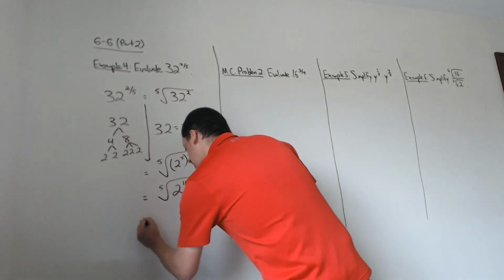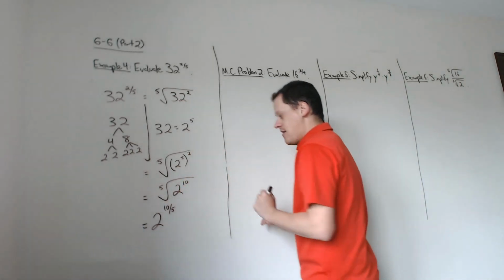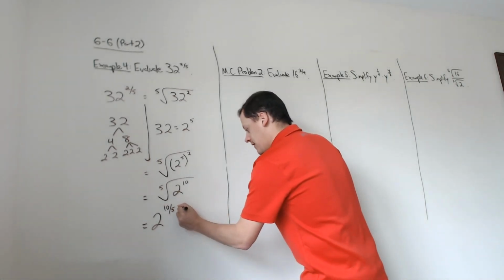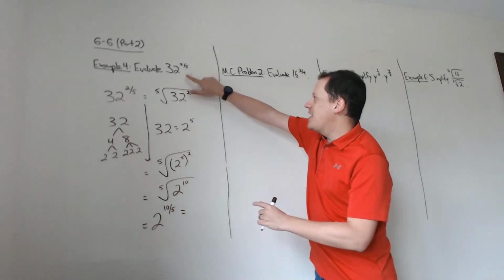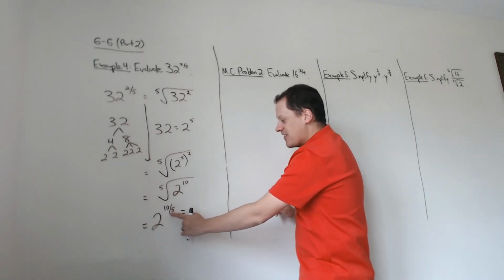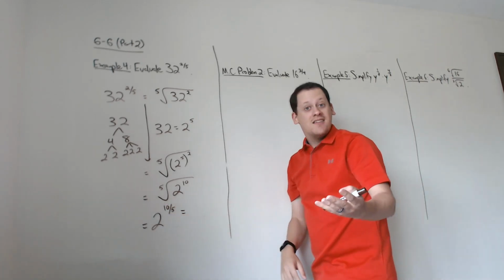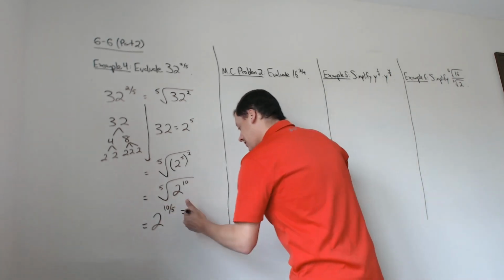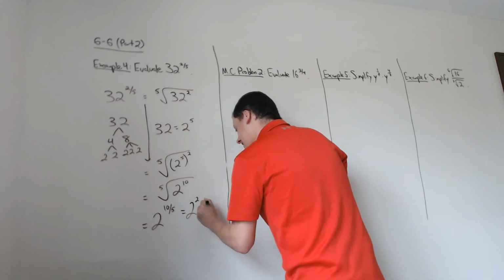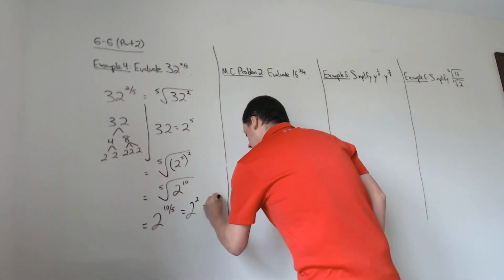That gives us 2 to the 10 over 5 power. And it may seem like we haven't really done too much to get from here to here, because we've still got a fraction in our exponent. But check it out. 10 over 5 is the same thing as 2. So this is 2 to the 2nd power, or 2 squared. That's 2 times 2. 4.